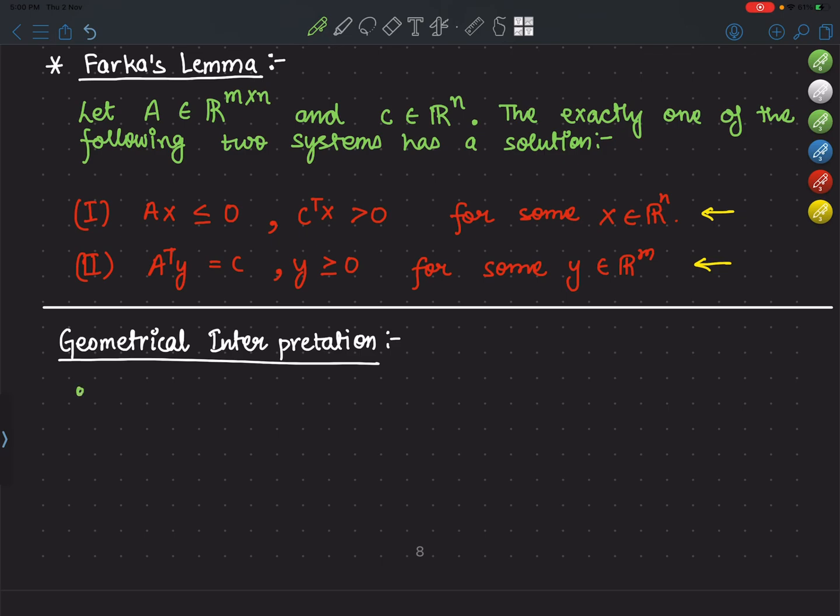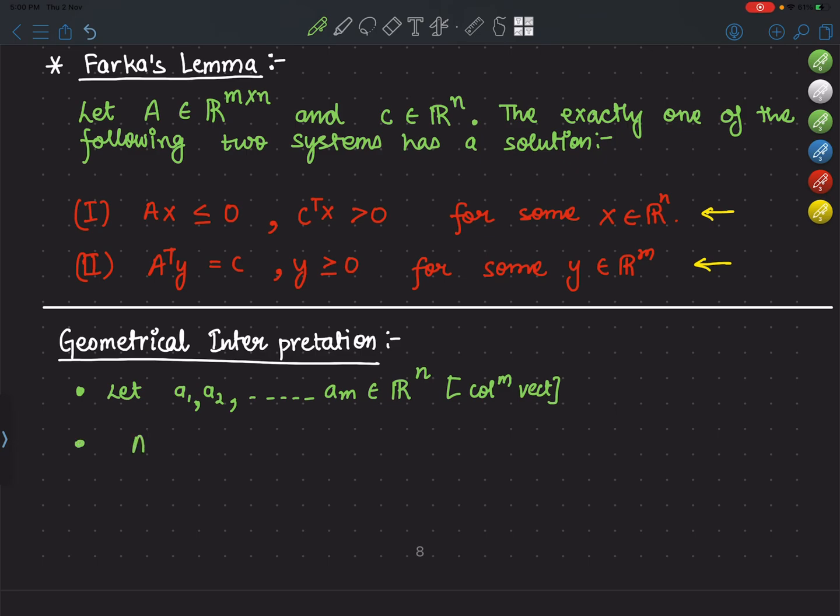Let a1, a2, ..., am belonging to R^n be column vectors.